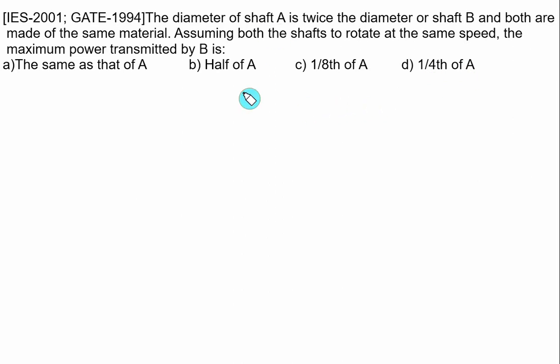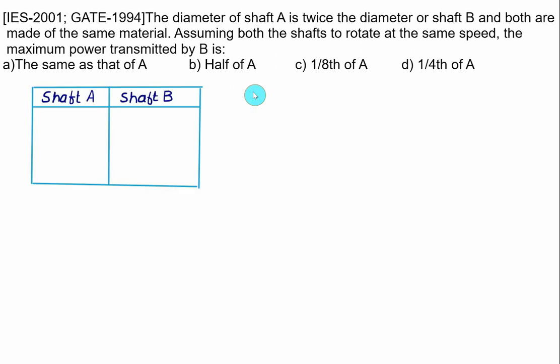So we have two shafts, shaft A and shaft B. Let's collect the data here. The diameter of shaft A is twice the diameter of shaft B. So let's say dA is equal to D. If this value is D, then the shaft diameter will be half for B. So dB will be equal to D by 2.